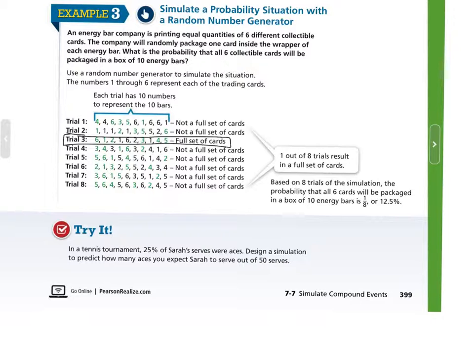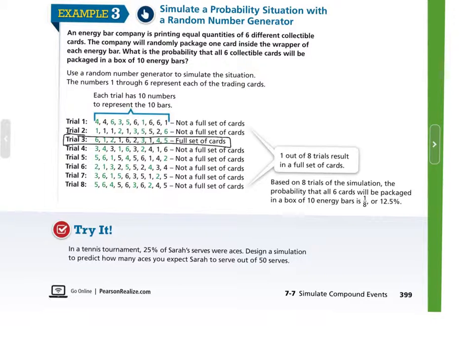I would say realistically it'd be good to do at least 10 trials. 10 would be a good number, because however many you get out of 10, let's say you get 2 out of 10, you just add a 0, that's a 20% chance. It's probably not realistic to do 100 times. 100 would be a really good number, but that's a lot of trials to go through to get to that point.